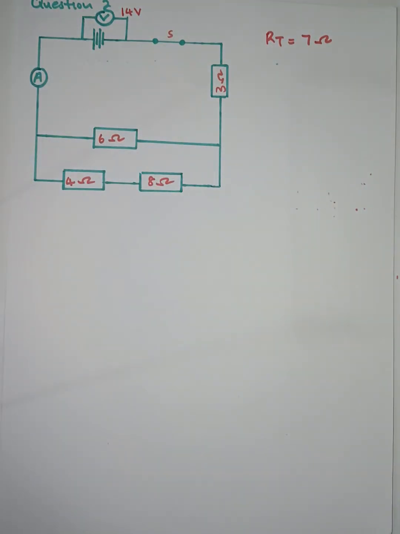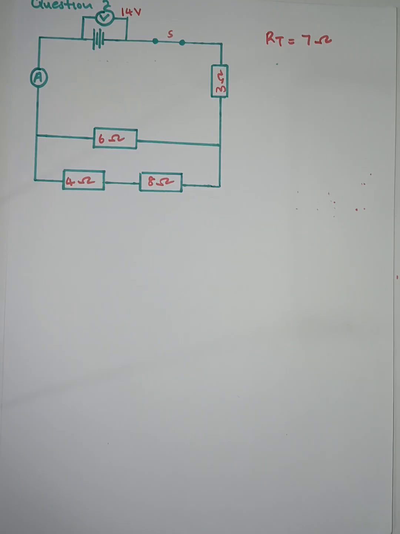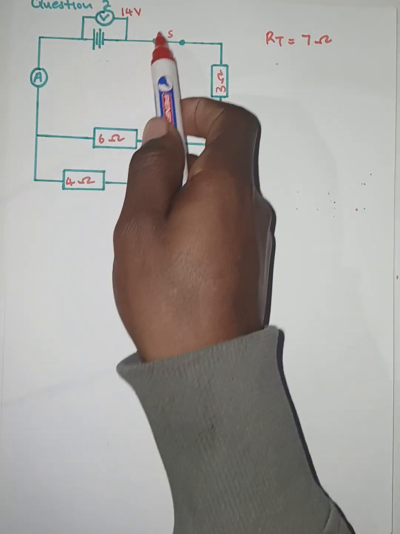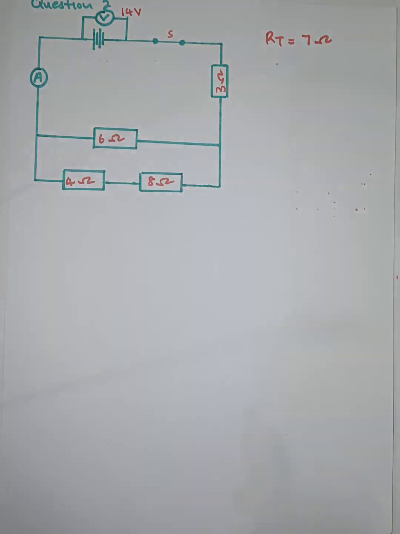Now, to calculate total current, remember, if we look at the information that they gave us, they only gave us that 14 volts, right? So if I use that 14 volts, I would need to use it with its corresponding resistance.